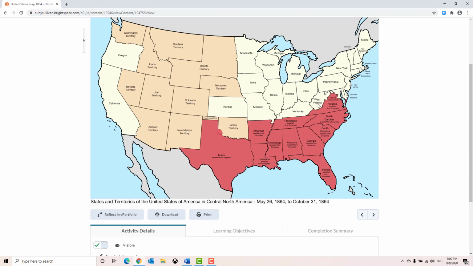So West Virginia is an interesting state. It is technically a slave state. There are people who own slaves in West Virginia, although not as many people own slaves here as they did in the rest of Virginia. But West Virginia, part of their constitution, said that they were going to gradually free their slaves, and their plan was to eventually become a free state.